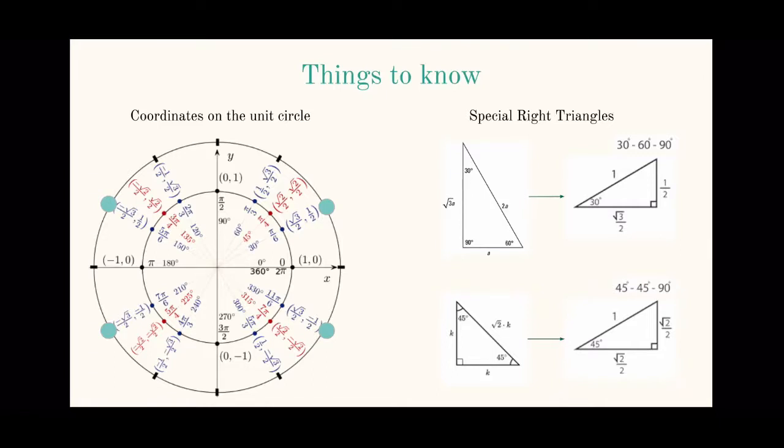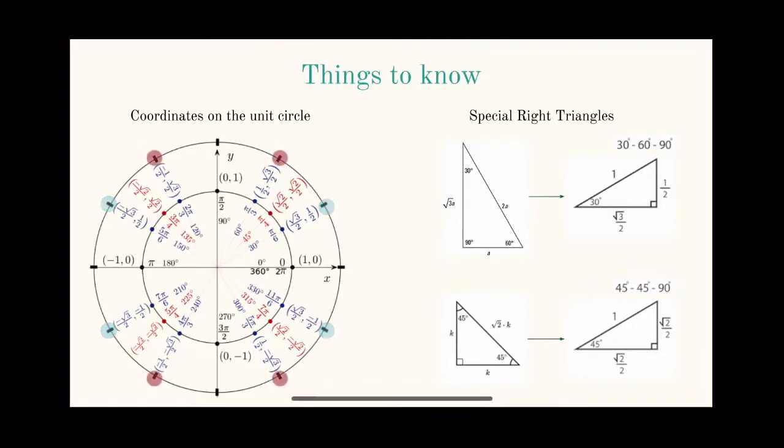To convert this triangle to fit the triangle of the unit circle, we would have to get the hypotenuse to 1. To do that, we would divide all the sides by 2, which gets us 1 as the hypotenuse, 1/2 as a side, and the other side length would be rad 3 over 2.